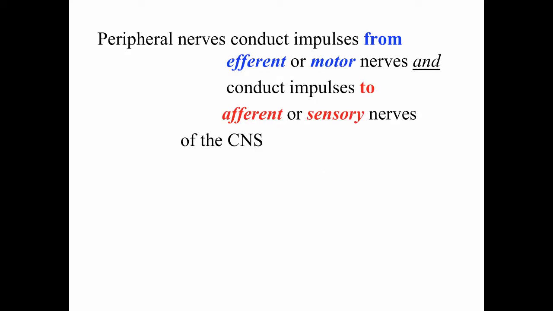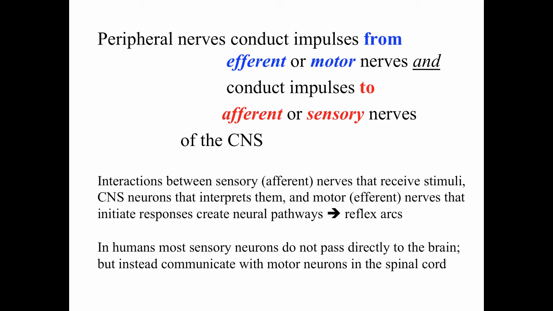Now, just as a brief overview, we can make the general statement that peripheral nerves conduct impulses from efferent or motor nerves, and they conduct impulses to afferent or sensory nerves of the central nervous system. And I think it's not a surprise to you that interactions between sensory nerves, so-called afferent nerves, which receive stimuli, the central nervous system neurons that interpret those stimuli, and motor or efferent nerves that initiate responses, create what we call neural pathways or reflex arcs.